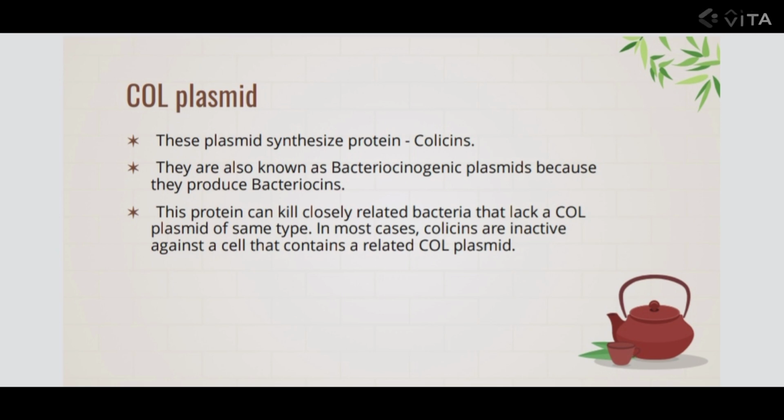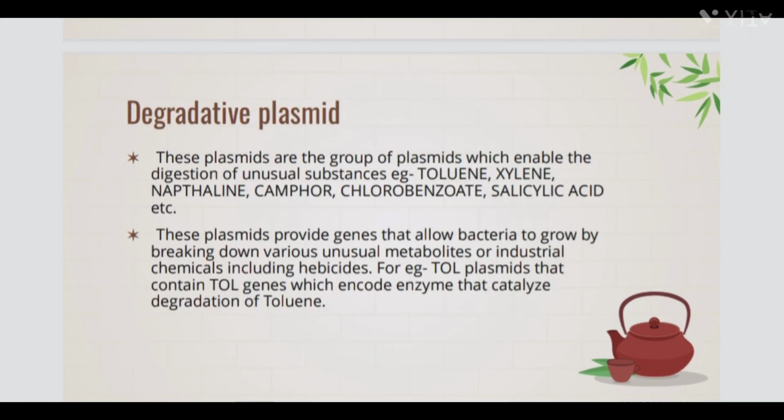Col plasmids synthesize proteins called colicins and are also known as bacteriocinogenic plasmids because they produce bacteriocins. Degradative plasmids are a group of plasmids which enable the digestion of unusual substances like toluene, xylene, naphthalene, camphor, etc.